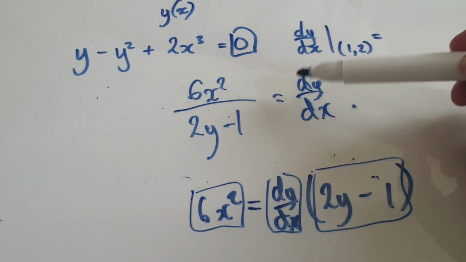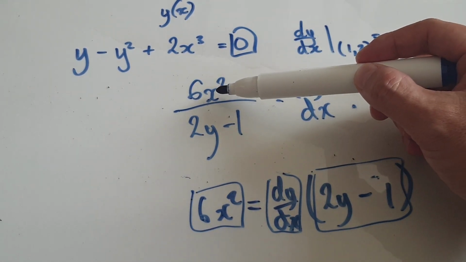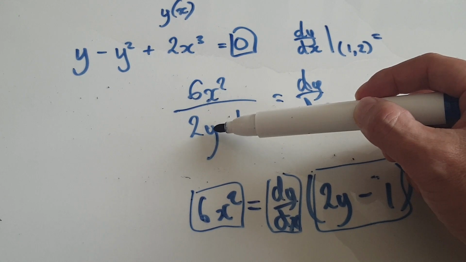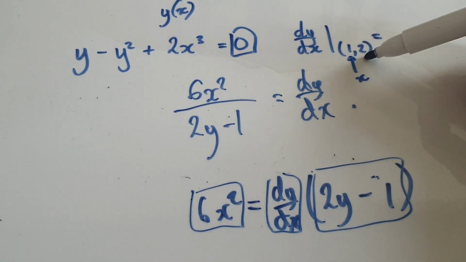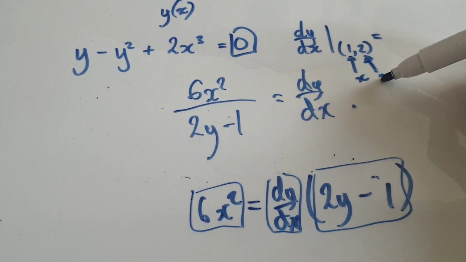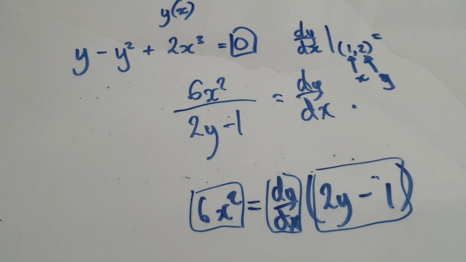So what that means is we now know the gradient, but we need to know the x location of the dot, and we need to know the y location. Well, the x location is 1. The y location is 2. So we would put this into the y, this into the x.